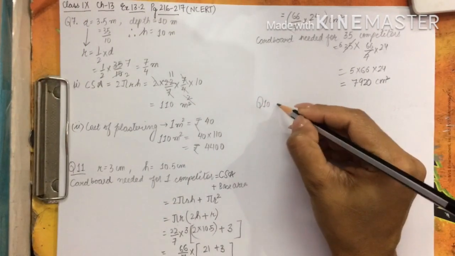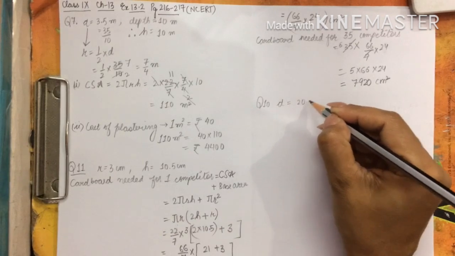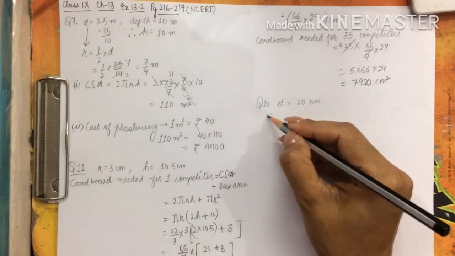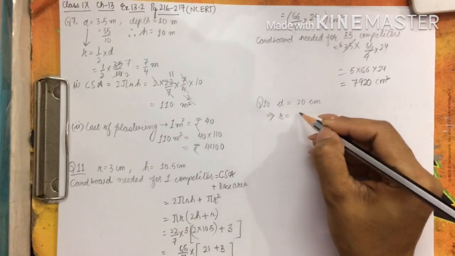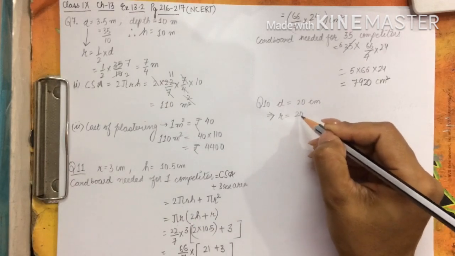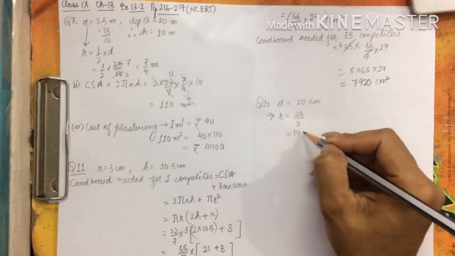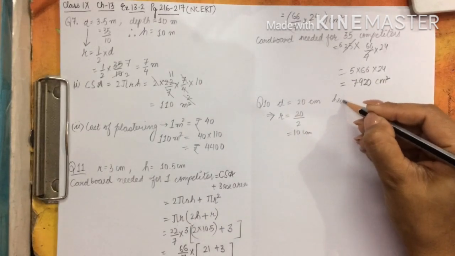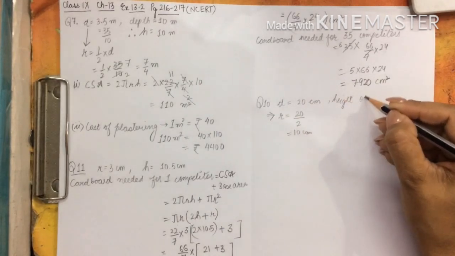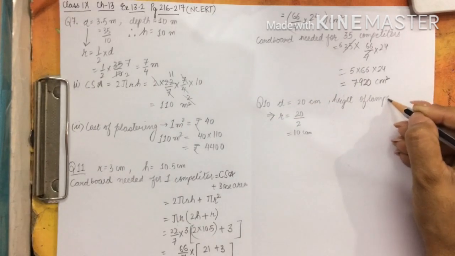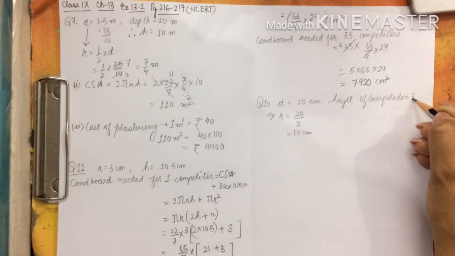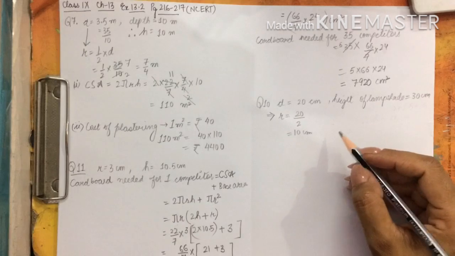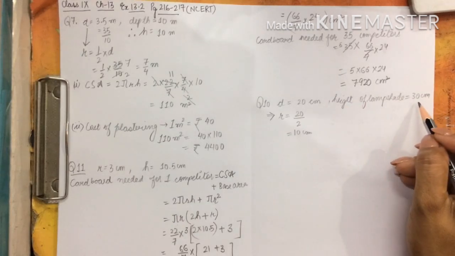Question number 10th. The diameter is given as 20 centimeters. Since for the formula we need to find out the radius, let's find out the radius. Diameter divided by 2, this will be 10 centimeters. Along with this, we've been given the height of lampshade. So the height of the lampshade is 30 centimeters. But this will not be the height for the cloth.